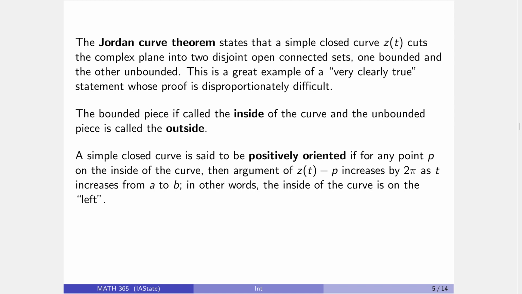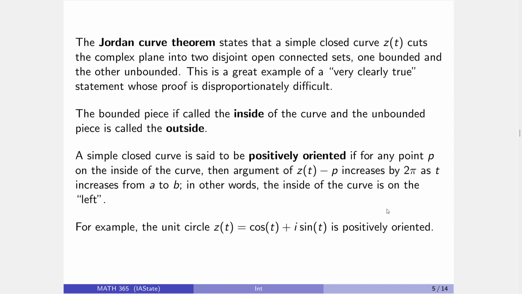The way you precisely define this is that if you pick any point on the inside, and you look at the difference of that point and any point on the curve, then the argument increases by 2 pi as t increases from a to b. So pick any point on the circle, and let t go from 0 to 2 pi, for example; then the argument is going to increase from 0 to 2 pi. So the inside of the curve is on the left, and the unit circle is positively oriented.